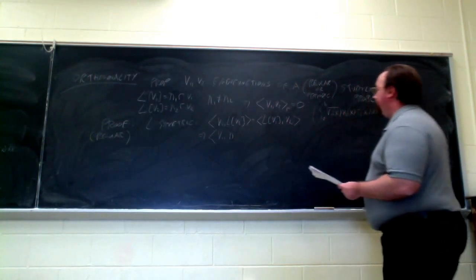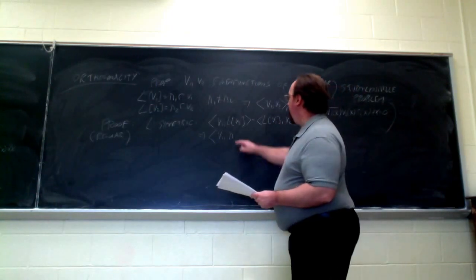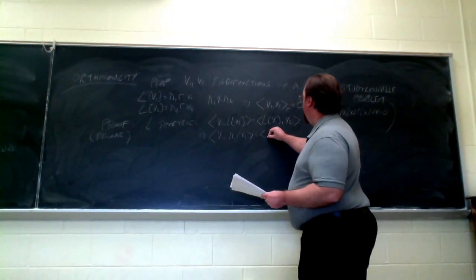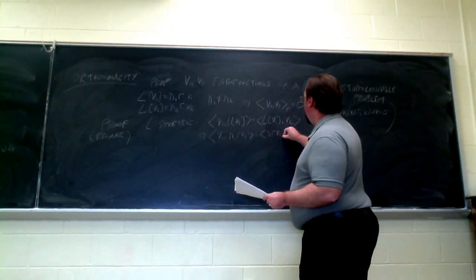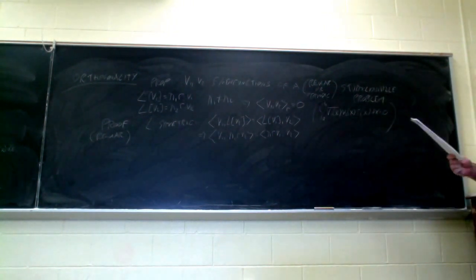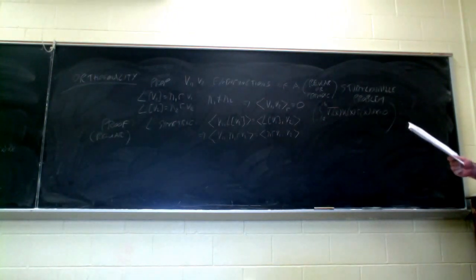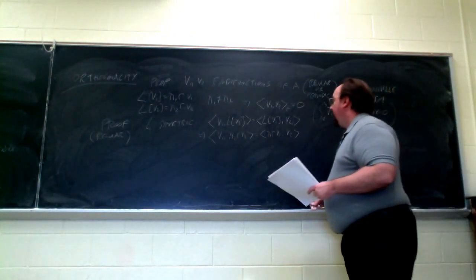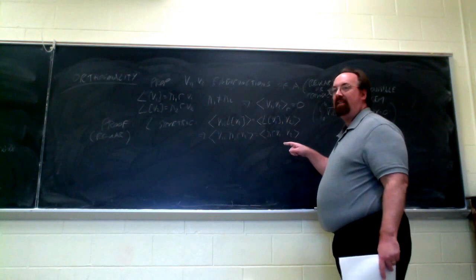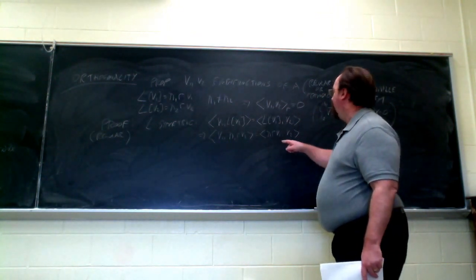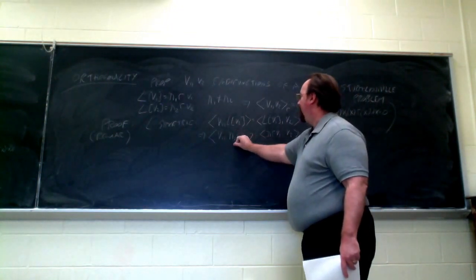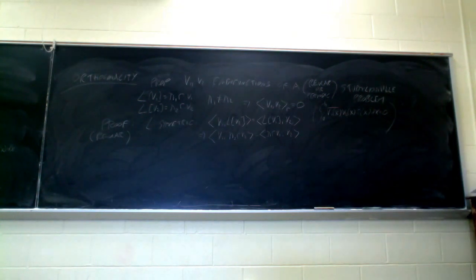All right, so I have lambda 2 RV2 on one side, and over here I have lambda 1 RV1.